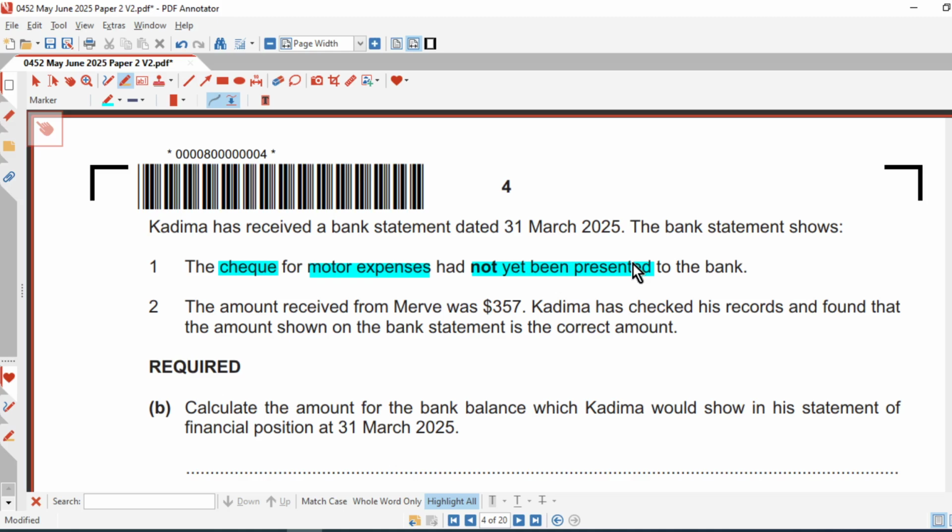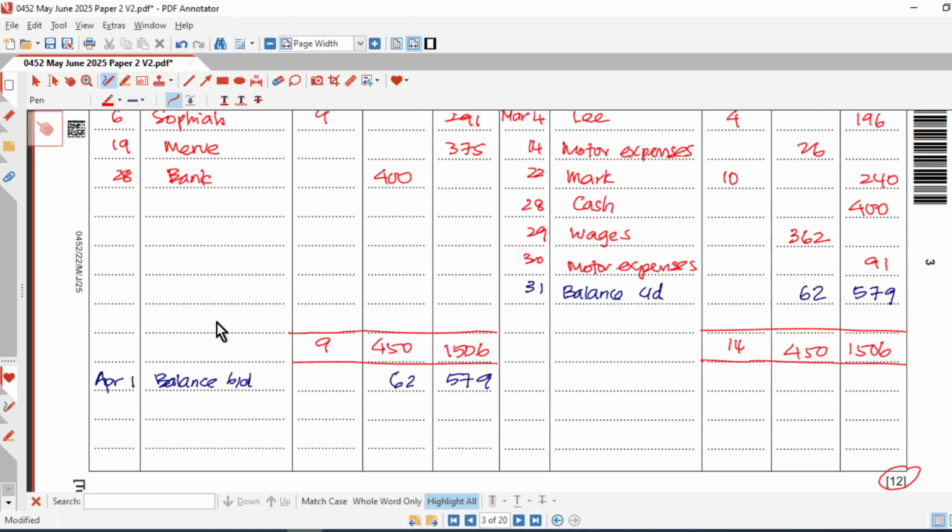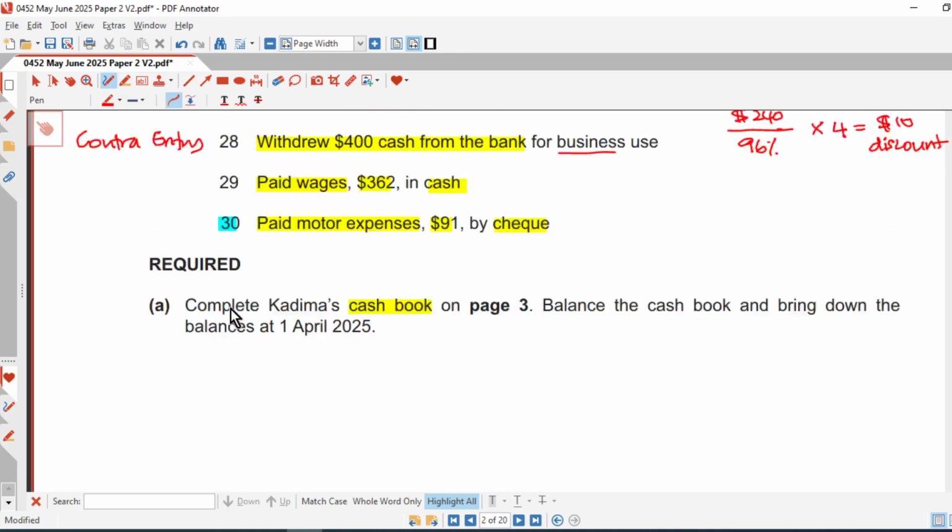Now, transaction 2. The amount received from Murph was $357. Karima checked his records and found that the amount on the bank statement is the correct amount. Right, so let's have a look at Murph. What happened to Murph?